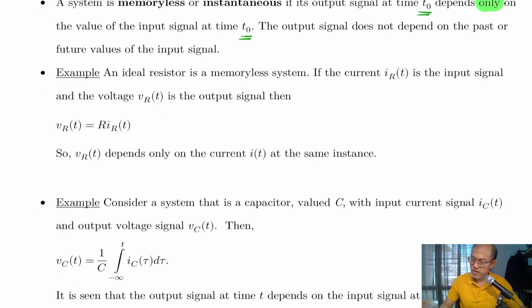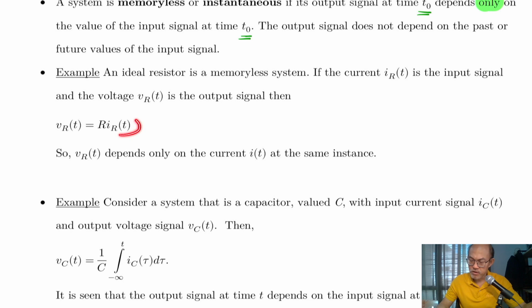So, for example, if you have an ideal resistor, then this equation is true. The voltage across the resistor is proportional to the current through the resistor at any time. The key here is they are at the same time. The voltage at the present doesn't depend on the current in the past, nor the current in the future.